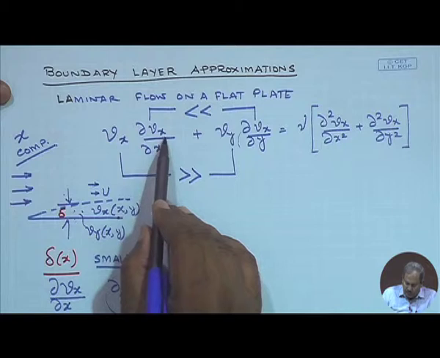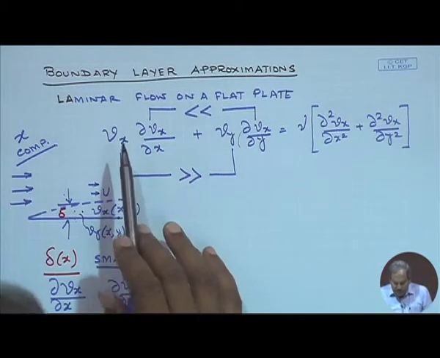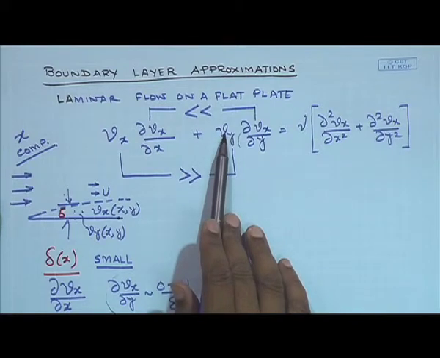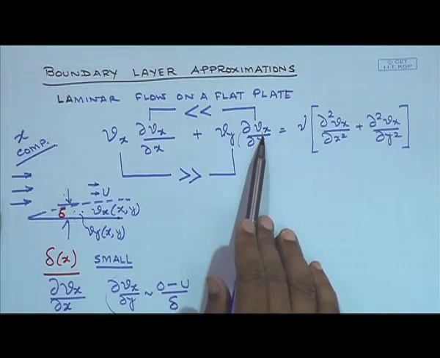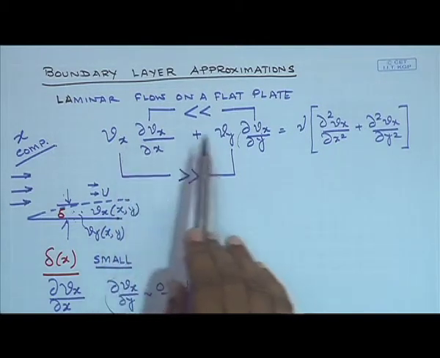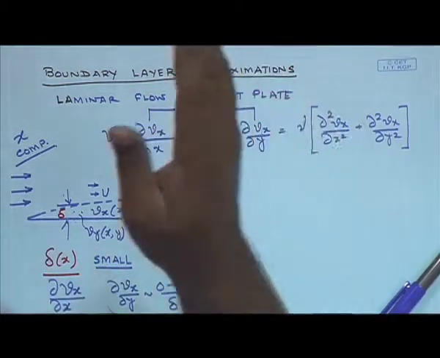the axial velocity gradient. So, as you see from here, since Vx is large as compared to Vy and del Vx del y is large in comparison to del Vx del x, for the product of these two, we cannot make any judgment about which one is going to be significant. Okay.